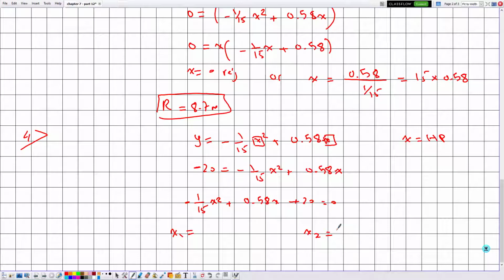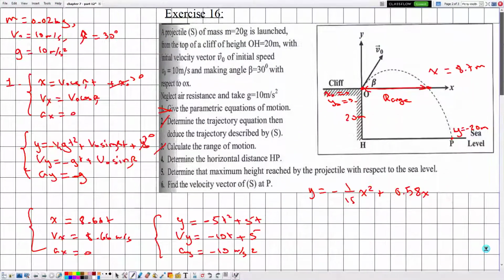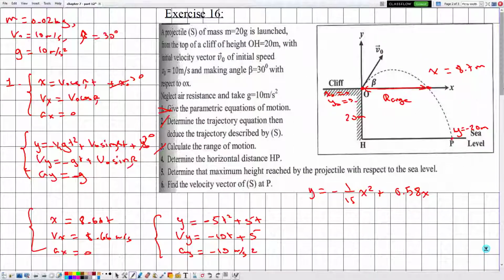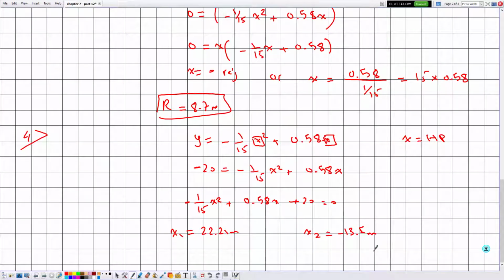which is equal to, let me calculate it. So the value of x1 is given by 22.21 meters, and the value of x2 is given by minus 13.5 meters. And as expected, this distance HP is being measured along the positive direction, so we expect that it must be positive.